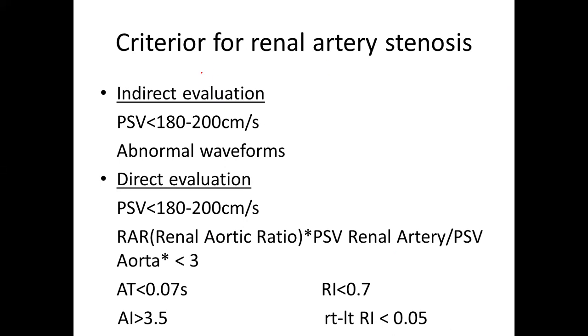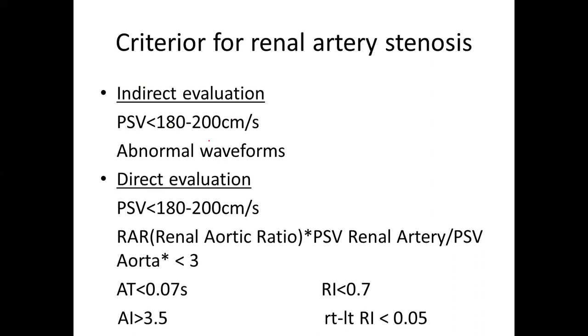Now, after obtaining our waveforms, we now need to look at the criteria for evaluating these waveforms, right? So on our indirect evaluation, we just use peak systolic velocities, which we said should be less than 180 centimeters per second.